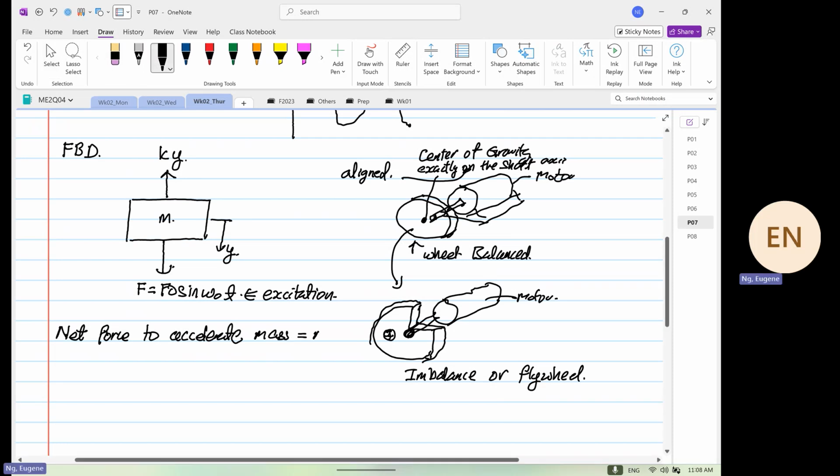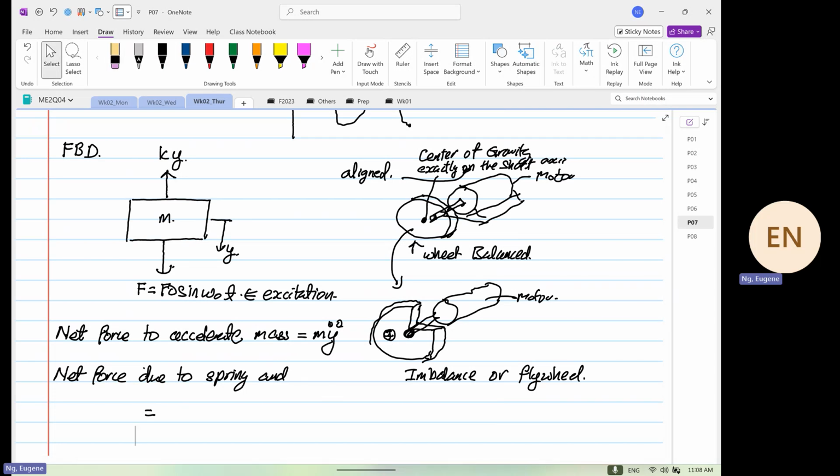This is my y double dot. Net force due to spring, and F, okay? F means your what? Your excitation force, or I call this excitation force.